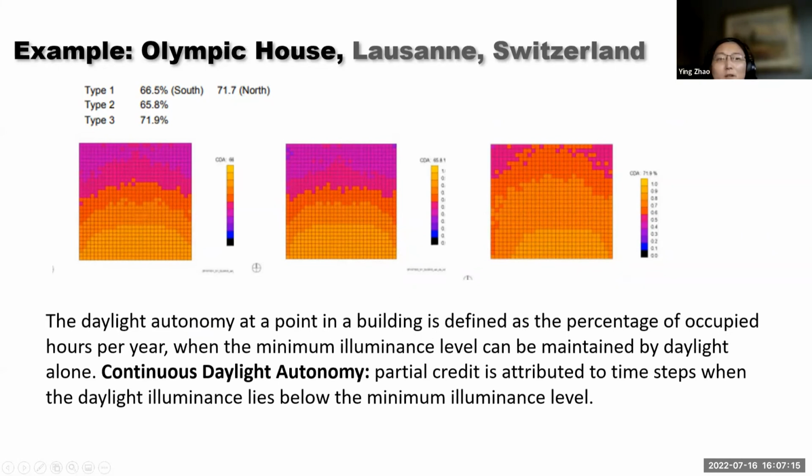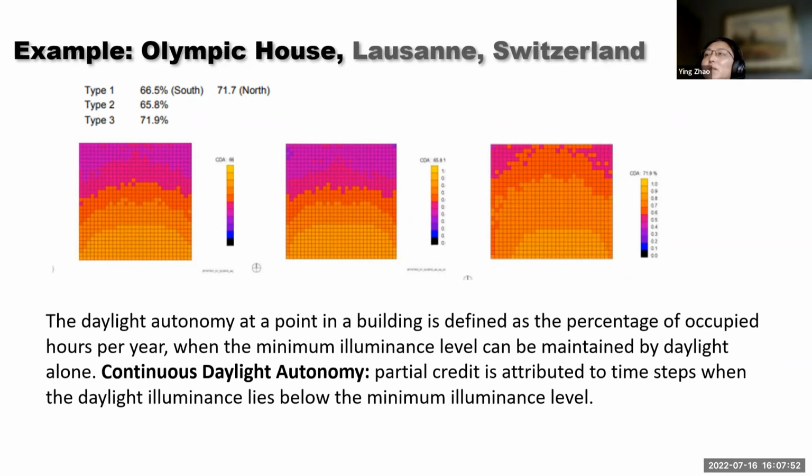That means the percentage of occupied hours when the minimal illuminance level can be maintained by daylight alone. For example, for an office, this building is designed with a high illuminance level, like 500 lux or 50 foot-candles.